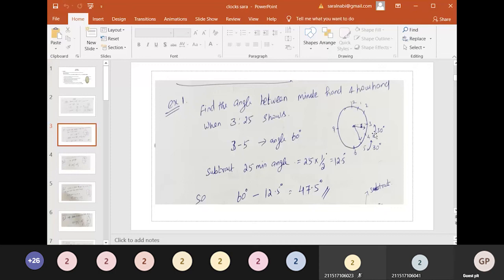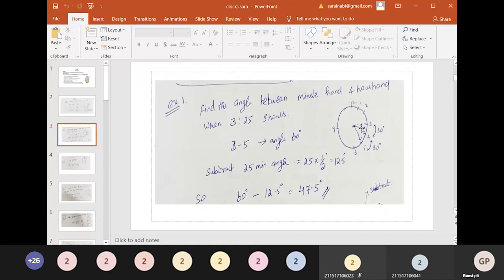But we cannot take that as 60 degrees, because when the time is 3:25, the hour hand has moved 25 minutes past 3, so it does not directly face the 3. There is some gap because of these 25 minutes.